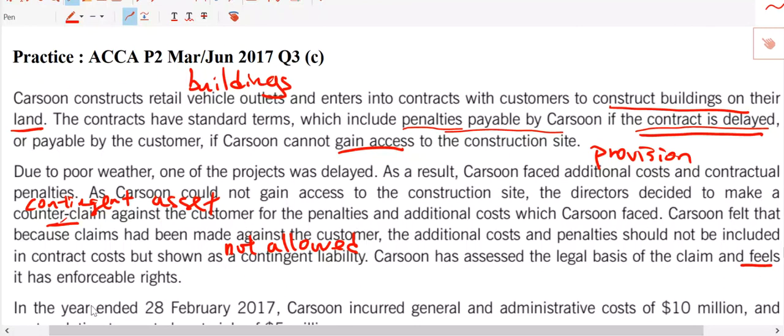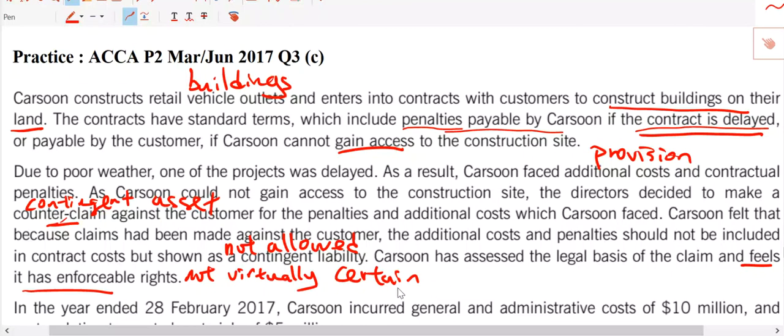We feel that we have enforceable right. But based on the accounting standard, we only recognize the contingent asset when it is virtually certain. So your feeling is actually not virtually certain yet. You may call it probable, you may call it highly probable, but it is not virtually certain yet. You feel that you have enforceable right.